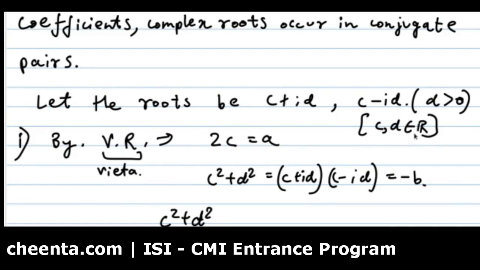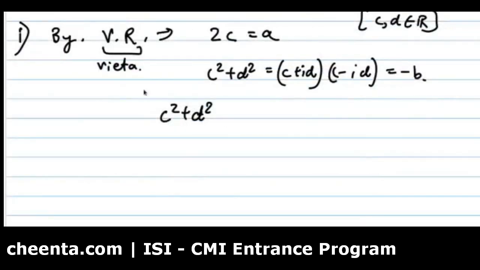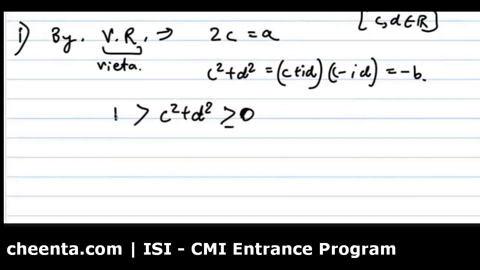All right, so we know that this is greater than 0. Basically, this is strictly greater than 0 because, oh, doesn't matter. But this is strictly less than 1 because it is given that the modulus of the roots is this thing. This is strictly less than 1.